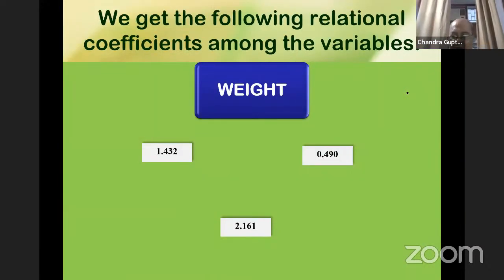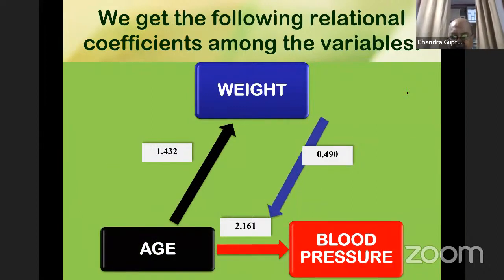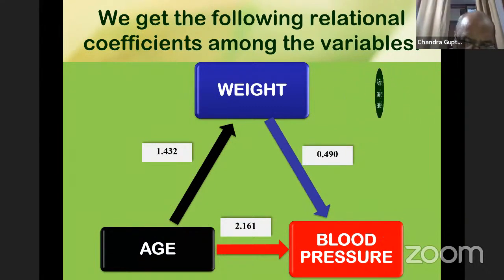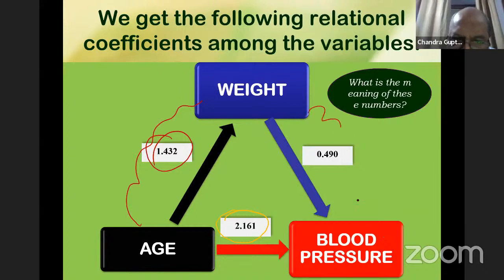And this is the result we get. The impact of the age on the blood pressure is 2.161. Impact of the age on the weight is this much. Impact of the weight on the blood pressure is this much.